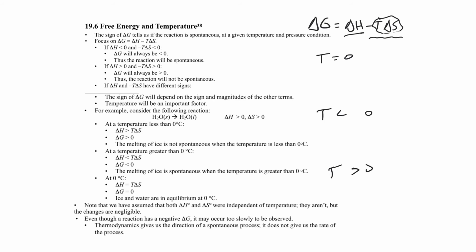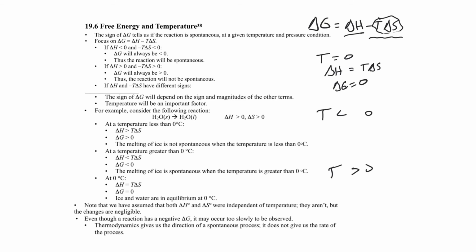If temperature is exactly 0, then we've got a situation where your enthalpy is equal to your T delta S. So if that's true, when I subtract T delta S on the left and end up with 0 on the right, you'll end up with the free energy equaling 0.